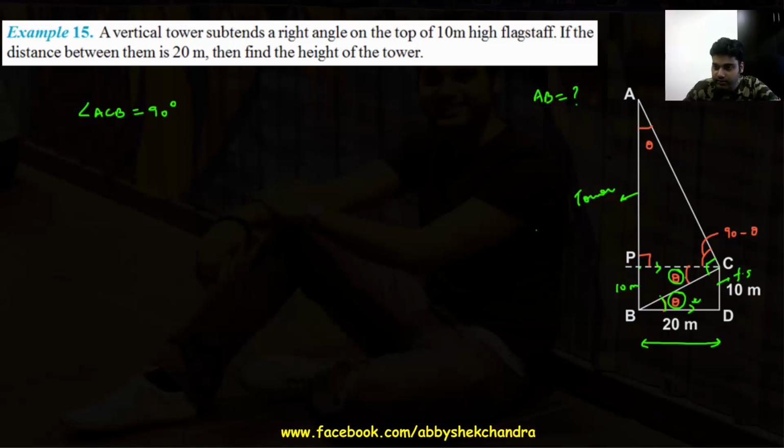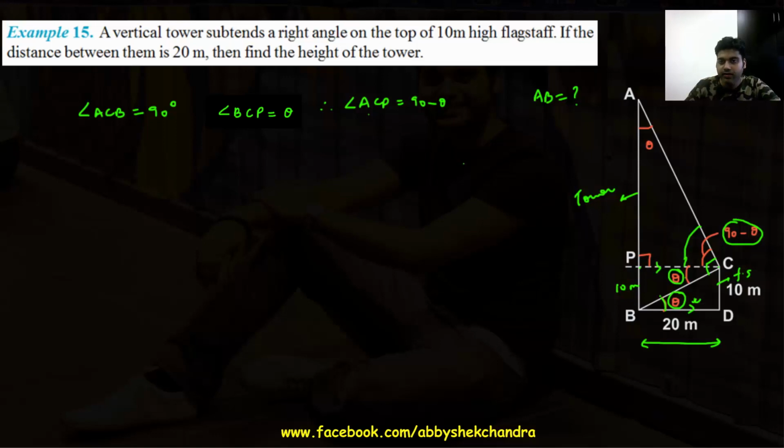And angle BCP is theta. So angle ACP would be 90 minus theta, because angle ACP plus angle BCP is 90 degrees.